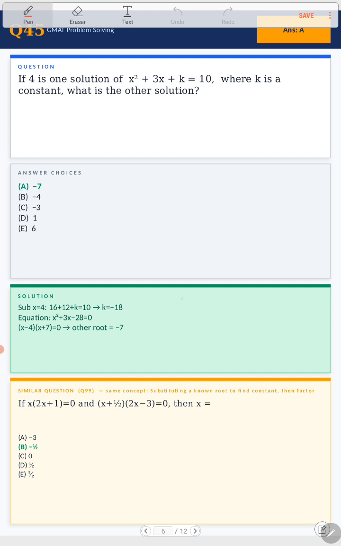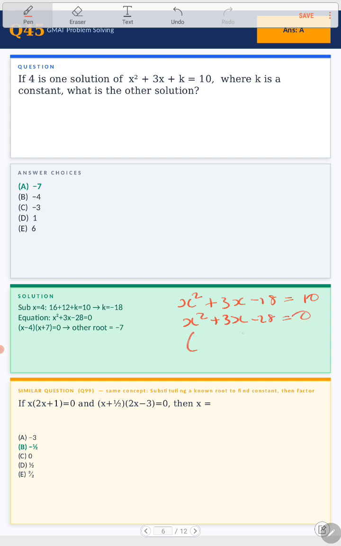That is, it's going to be s squared plus 3s minus 18 equals 10. If we bring 10 inside here, remember it's going to be minus 10. So we have s squared plus 3s minus 28 equals 0.